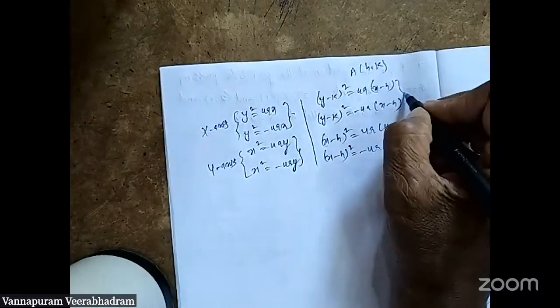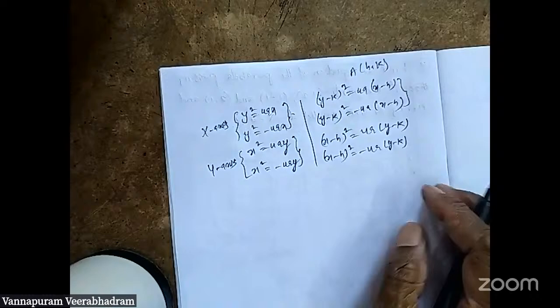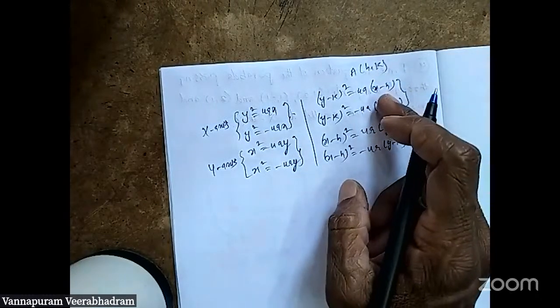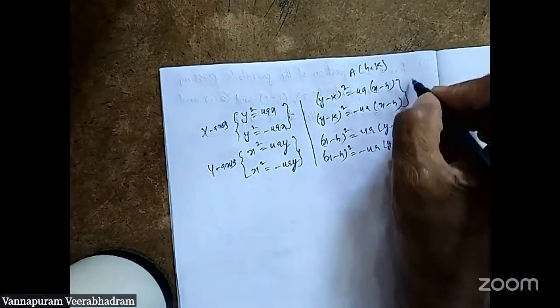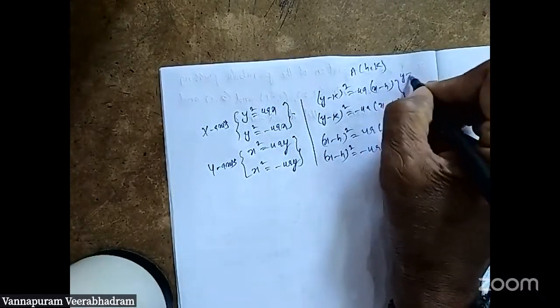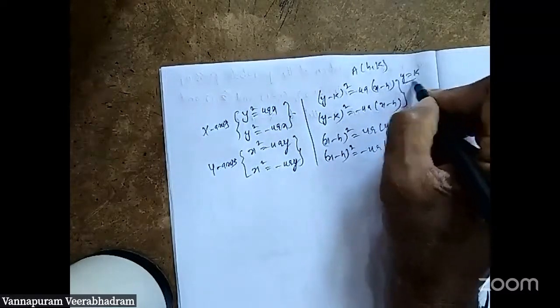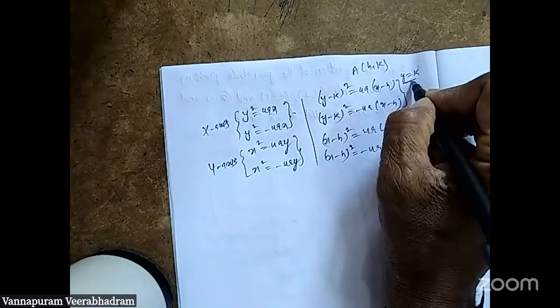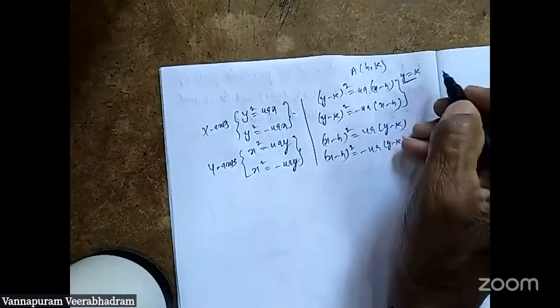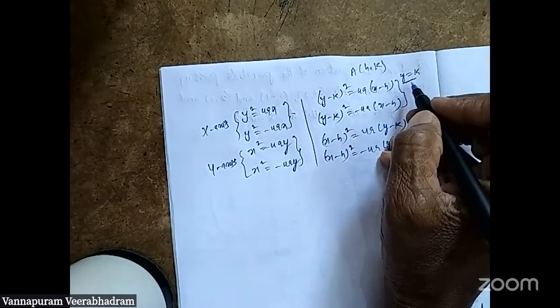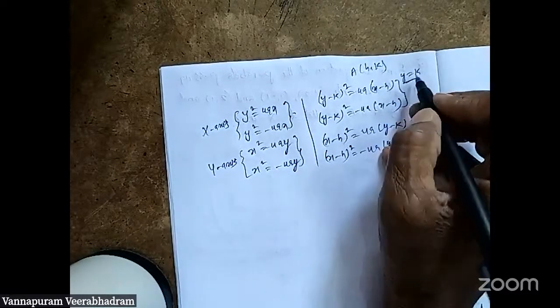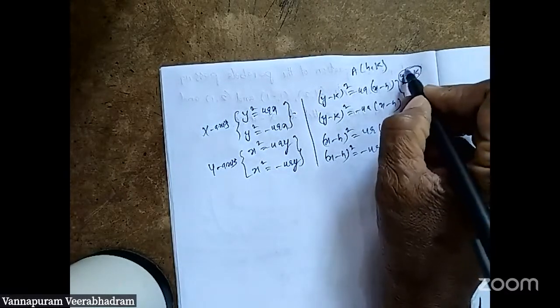For the fifth and sixth cases, the axis of parabola is y equal to k. That is, here the axis of parabola is parallel to x-axis.